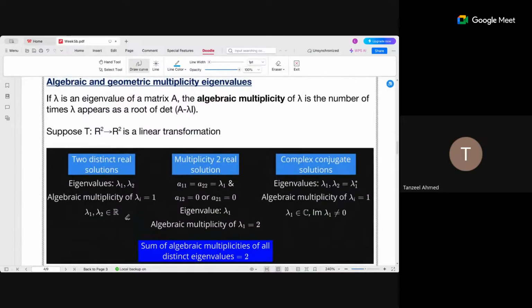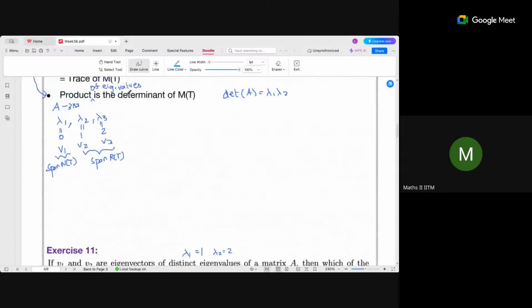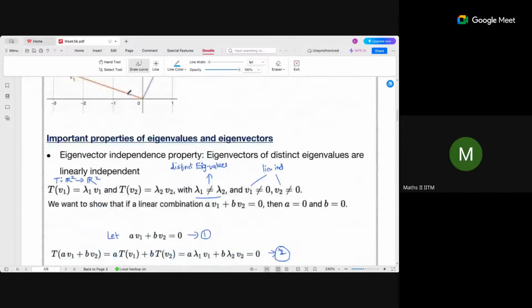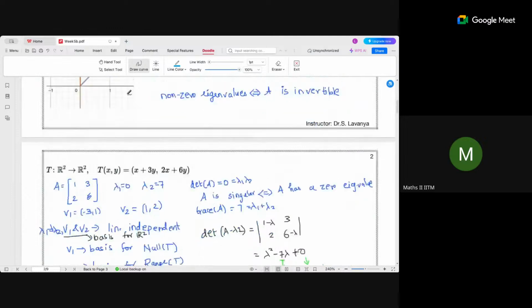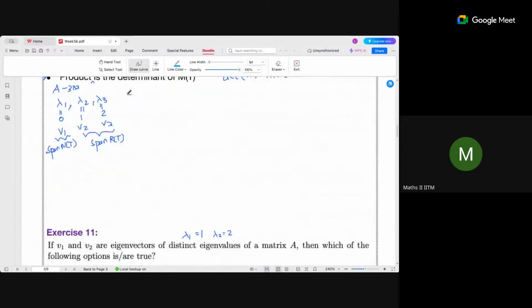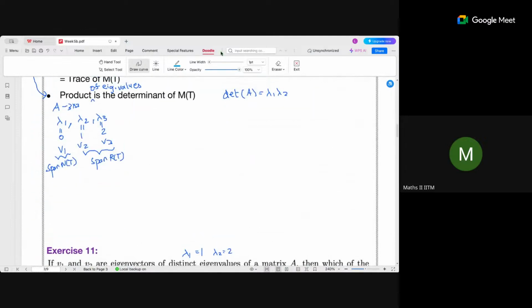All right. So the next thing, we are moving to a very important property of eigenvalues, which is the algebraic and geometric multiplicity. Before looking at the definition, let's go back to the examples we have seen. The examples I did not do today, it was from yesterday, so let me write them here.